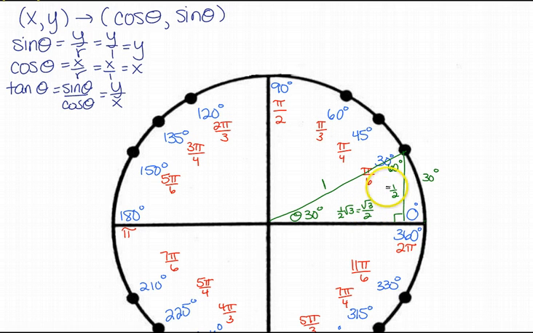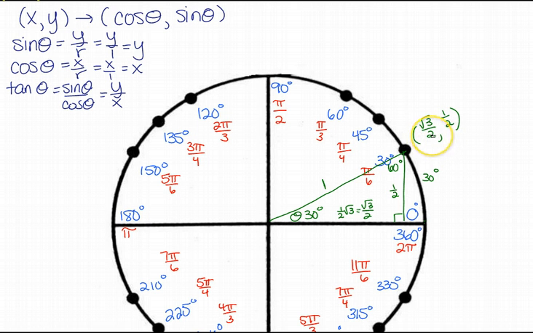So when I want to write the coordinates of this point, remember it's your x comma your y. So the distance we traveled horizontally was root 3 over 2. The distance we traveled vertically was 1/2. So the coordinates of that point is root 3 over 2 comma 1/2.